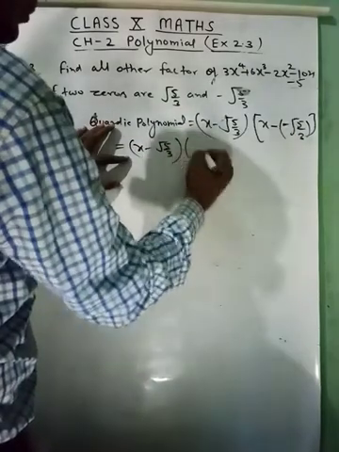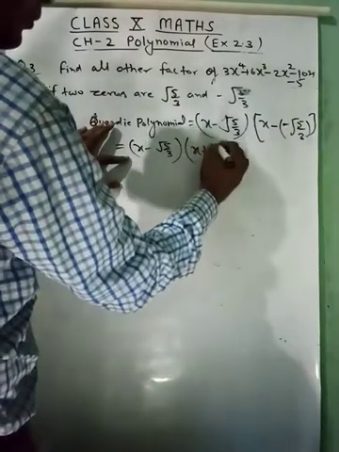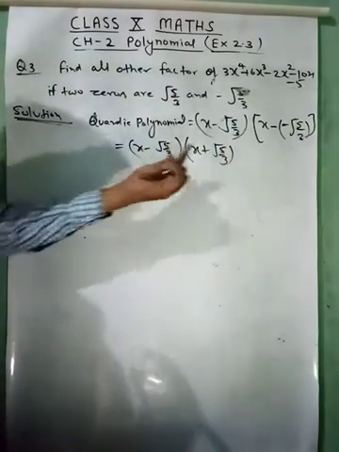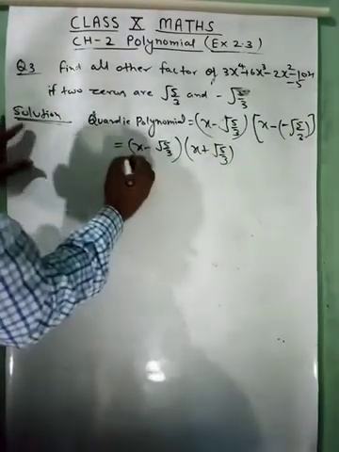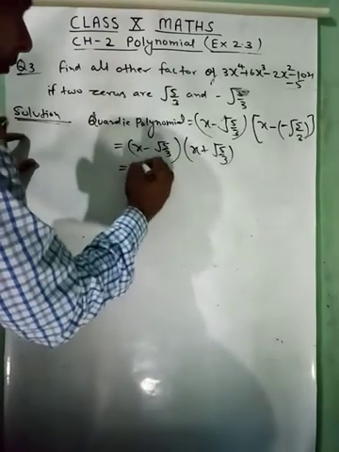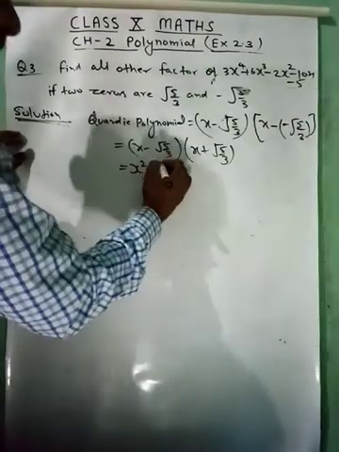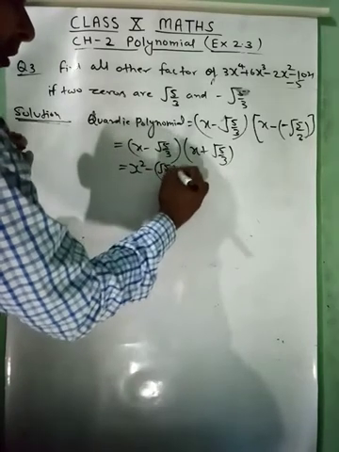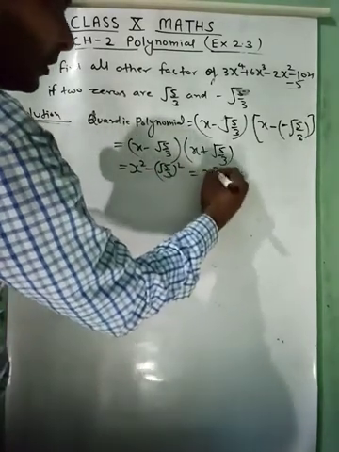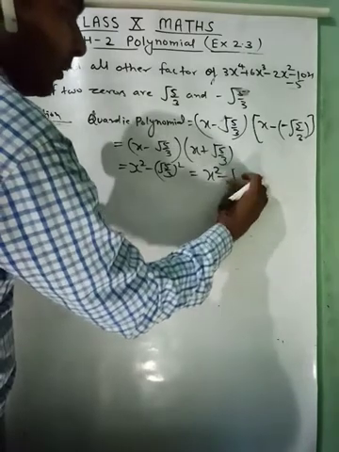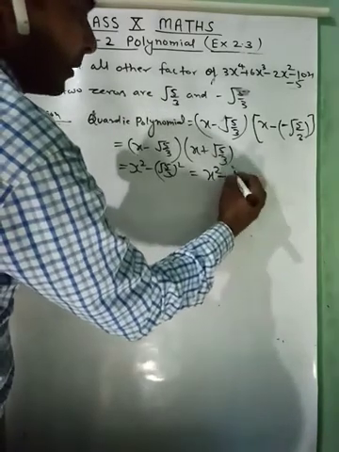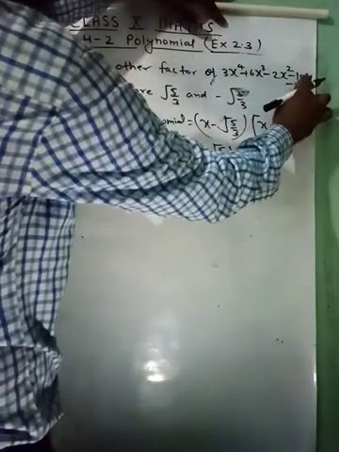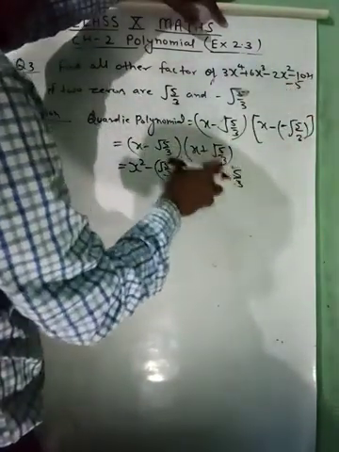Minus minus will be a positive sign, x plus √5/3. We know that a minus b and a plus b gives a square minus b square. It means this will be √5/3 whole square. So it will be x square minus 5/3. Now this biquadratic polynomial is divided by the quadratic polynomial.